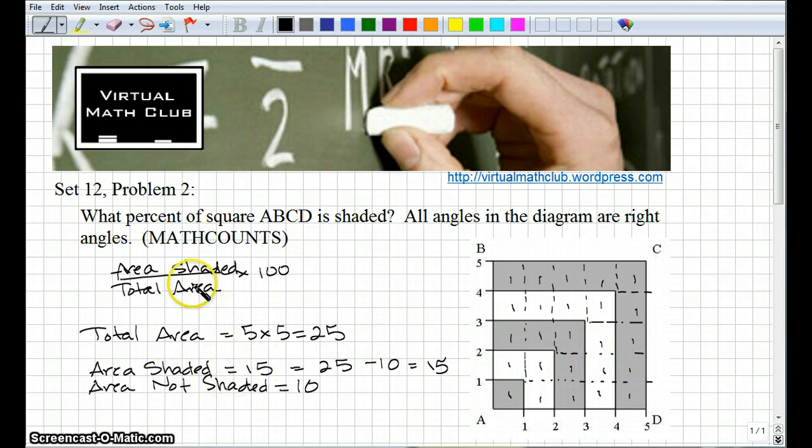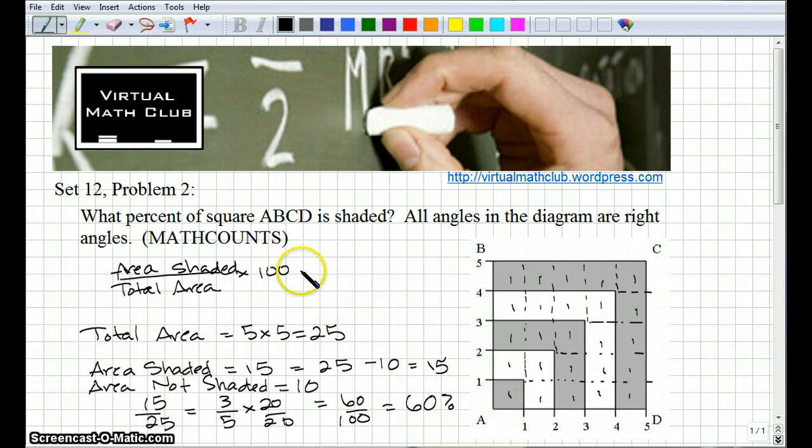We have the area shaded, we have the total area, so we can take 15 over 25, and you can see that that can be reduced. We can divide top and bottom by 5, so that's 3 out of 5. Now we want to know how many out of 100, so we can actually multiply this by 20 over 20, which is just 1, and we would get 60 out of 100, which is 60%.